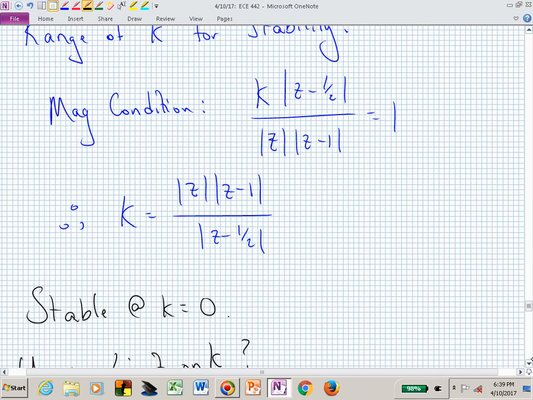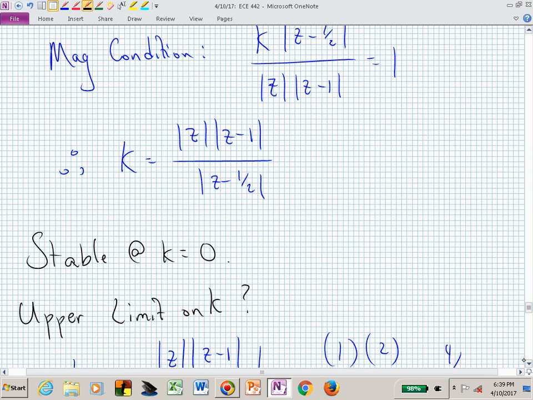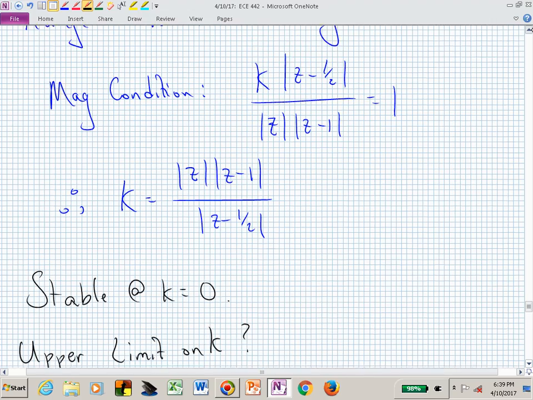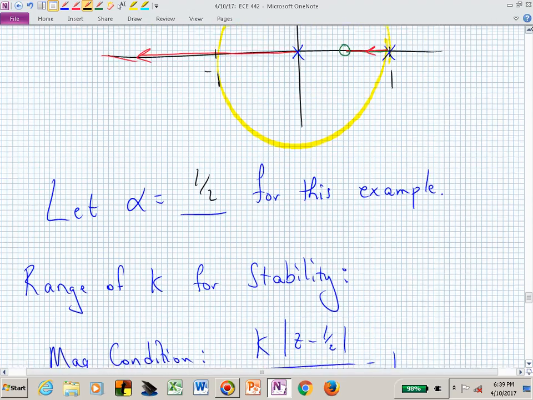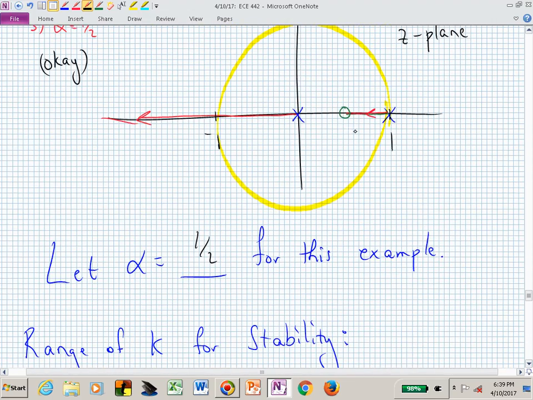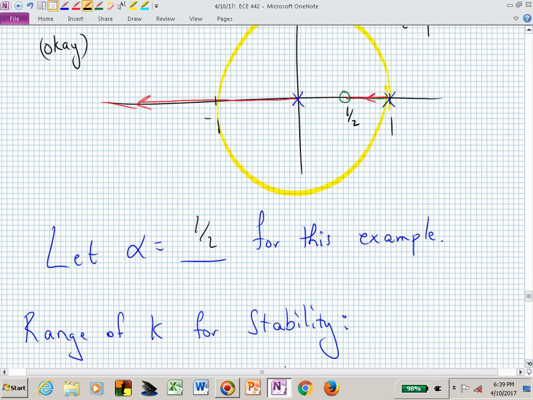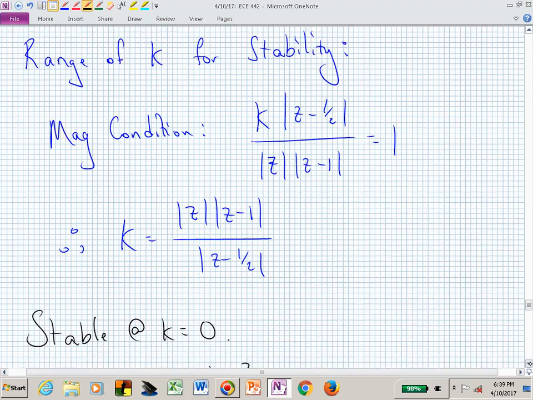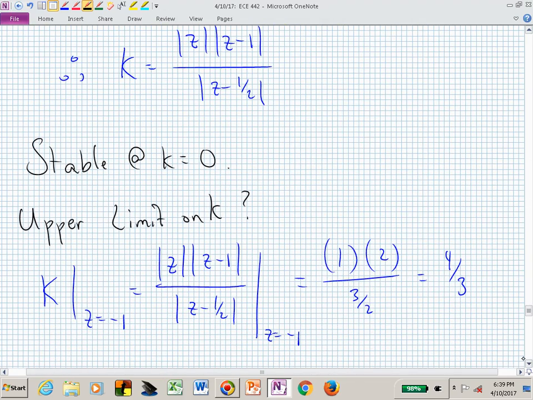Where do I evaluate that k, or that expression? Is it stable at k equal to 0? Yes, I had a pole at the origin and at 1. So it's stable when k is equal to 0. My upper limit, how do I find my upper limit for stability? For this choice of alpha, this is now 1/2. I now need to evaluate this k at z equal to -1.